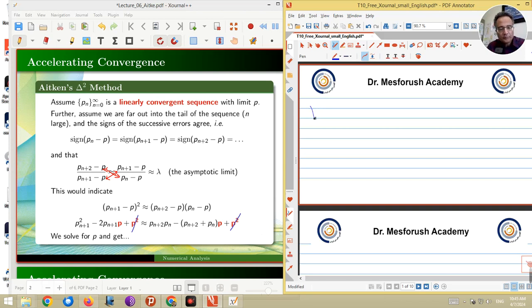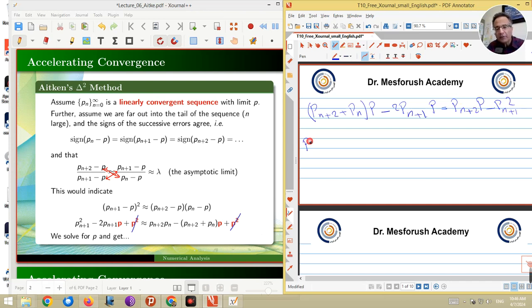Pn+2 plus Pn times P minus 2Pn+1 times P is equal to Pn+2 times Pn minus Pn+1 squared.